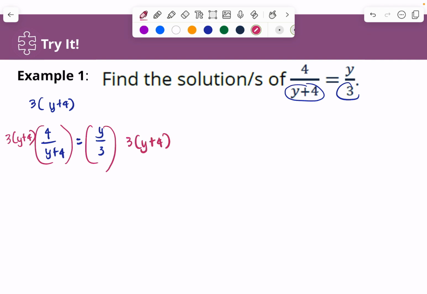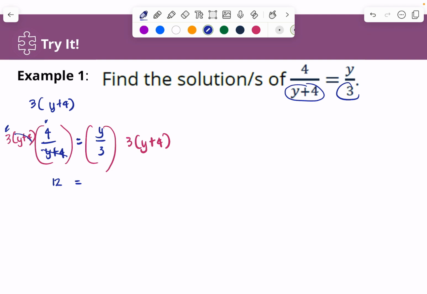Okay, let's have the left hand side first. Can we cancel out? Okay, yes. There are some that we can cancel out. That is y plus 4 in the numerator and y plus 4 in the denominator. So, what remains is 3 and 4. So, 3 times 4, that is 12, equals, okay, let's proceed to the right hand side.